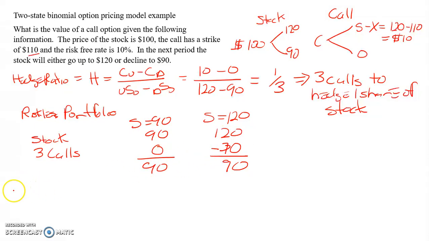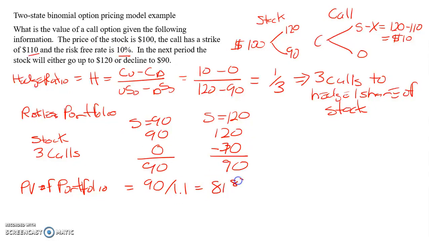So now we take the present value of our portfolio, and that's 90 divided by 1 plus the risk-free rate. The risk-free rate is 10%, so that's 1.1, which gives $81.82.